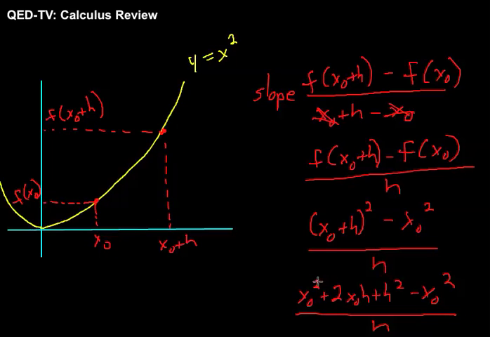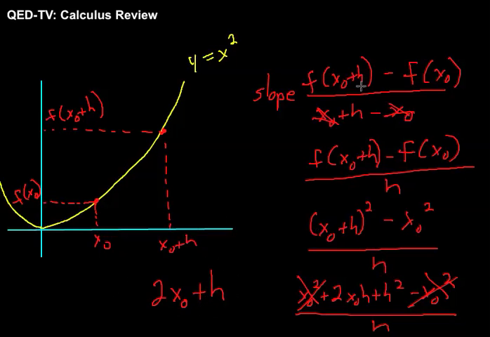And you'll notice that x naught squared here and here cancel out. And I could take an h out of both of these top parts, so I end up getting 2x naught plus h. So this would be the slope.